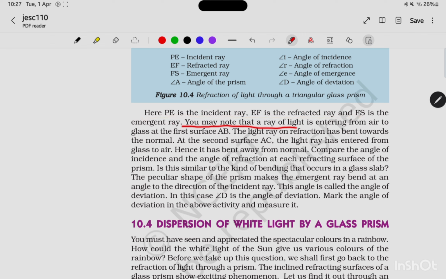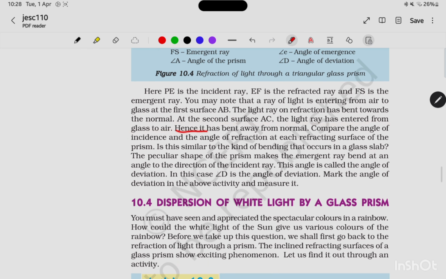You may note that a ray of light is entering from air to glass at the first surface AB, and the light ray on refraction has bent towards the normal. At the second surface AC, the light ray has entered from glass to air. Hence, it has bent away from the normal.